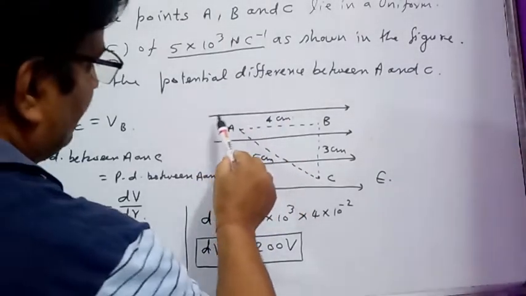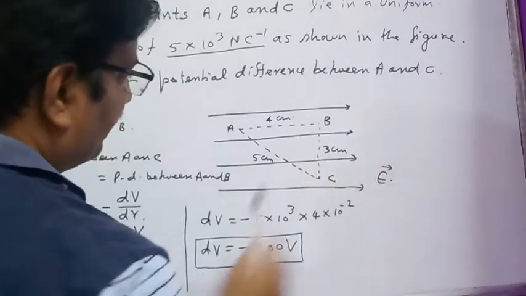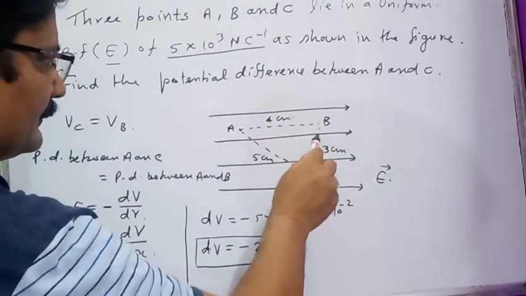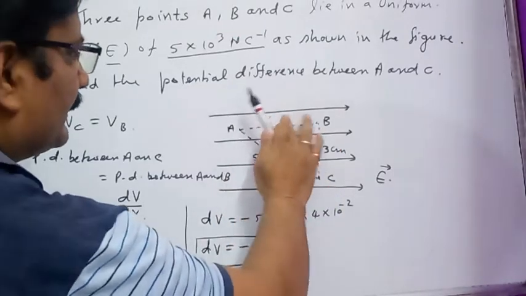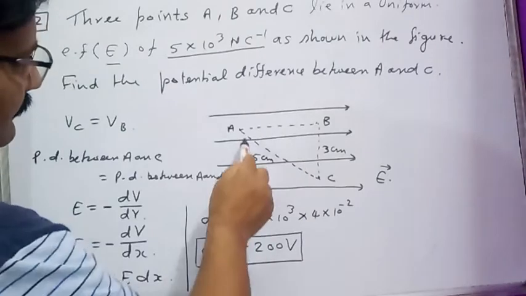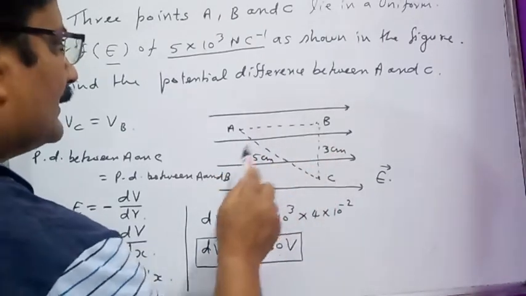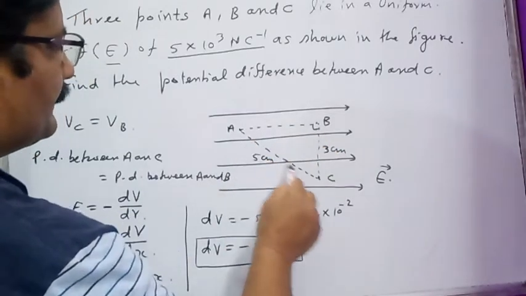See in the figure, the direction of the electric field is towards the positive x-axis, from left to right, and there are points A, B and C. In the question, the distances AC and BC are given, and we can easily find them by Pythagoras theorem. This angle is 90 degrees.